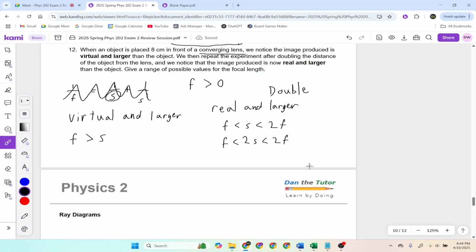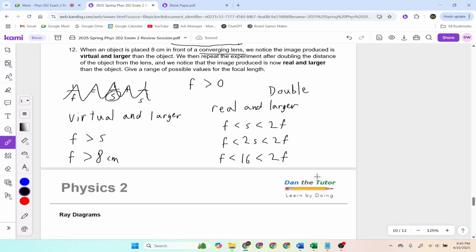I'm going to plug in s. For this first scenario, f is greater than s, which was 8 centimeters. So great, I know f is greater than 8. And then for the second scenario, f is less than 2 times 8, 16, less than 2f.